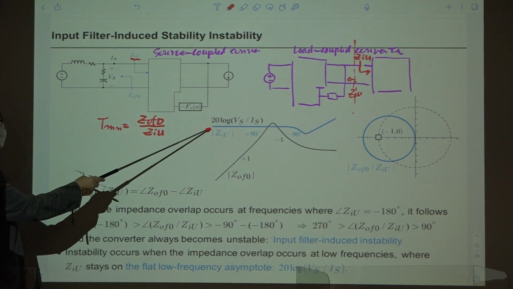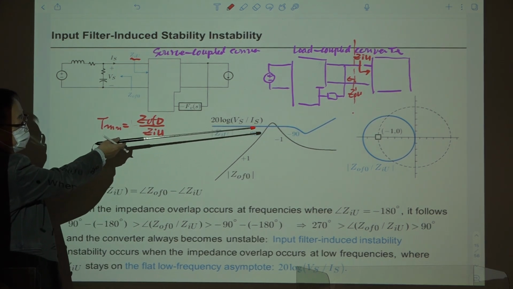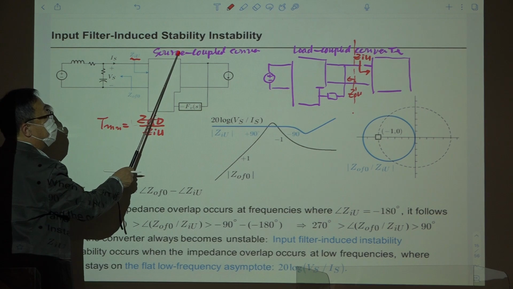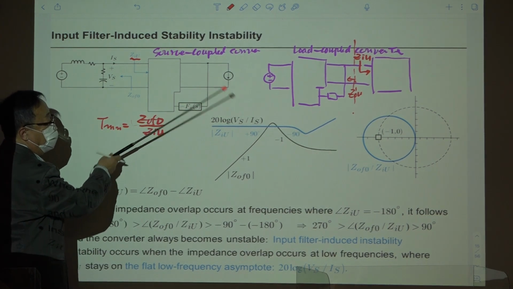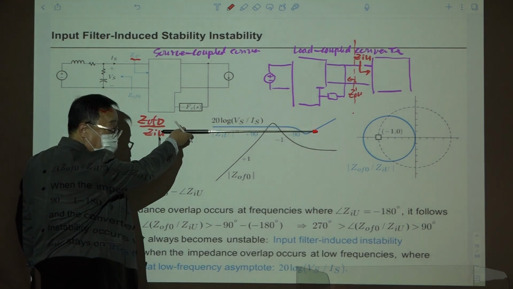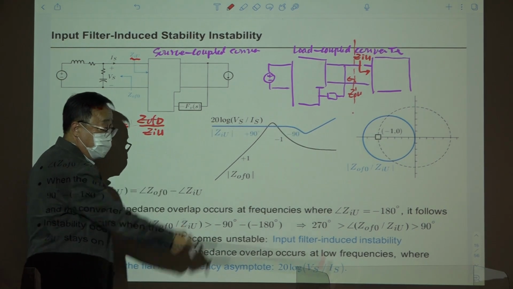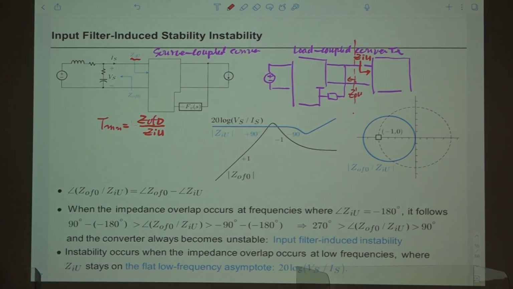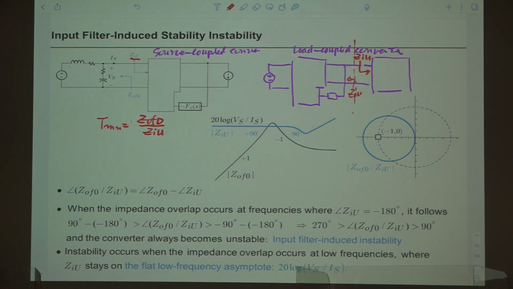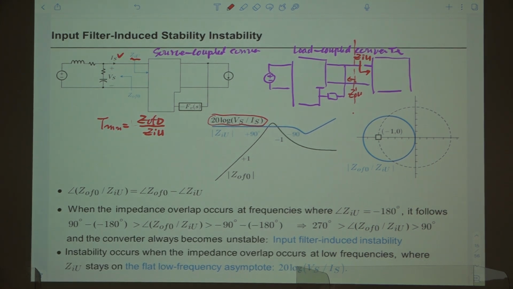So at low frequencies, the input impedance of this source uncoupled converter stays a horizontal line at the value of minus RIC. So the value here is 20 log Vs divided by Is, but phase is minus 180 degrees, so it has negative resistance characteristics.